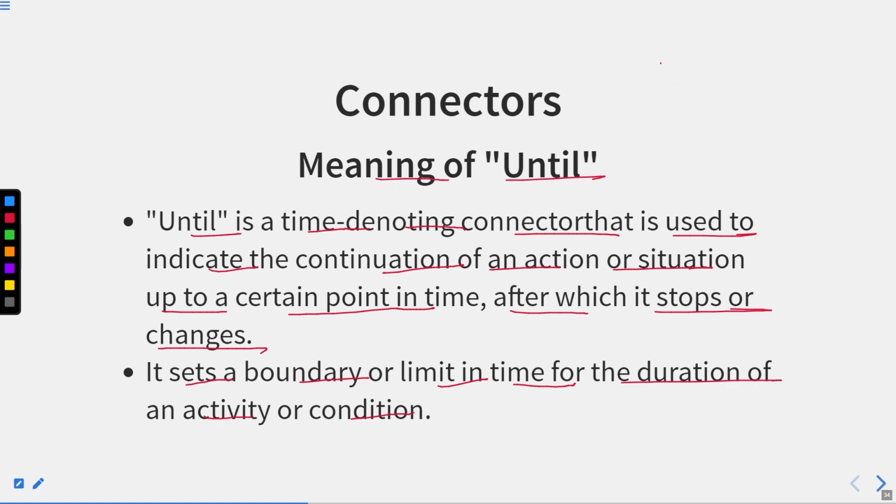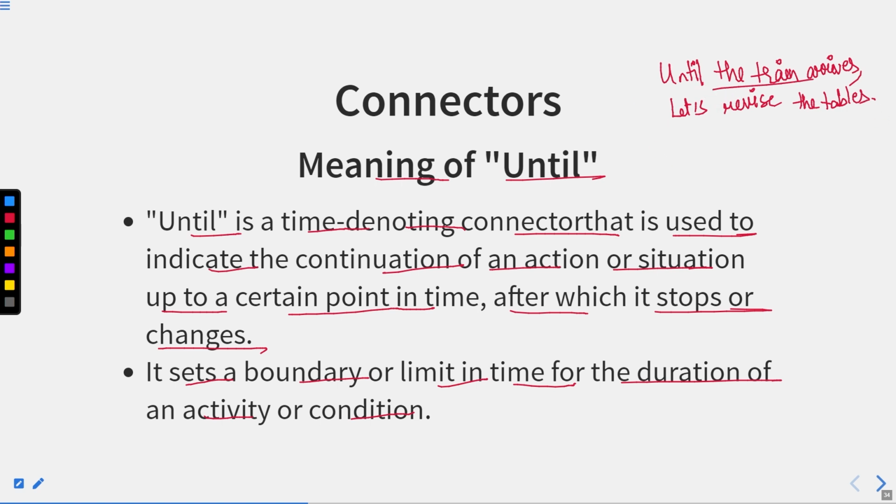For example, if I say, until the train arrives, let's revise the tables.